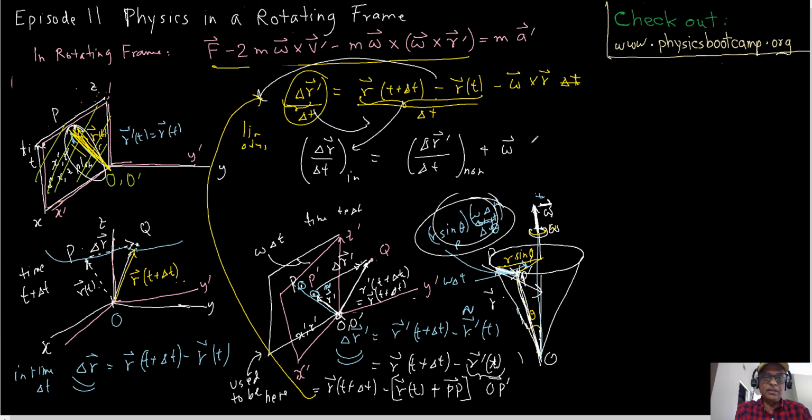And this is at instant t, so there's no distance between r and r prime when you look at one instant, right?